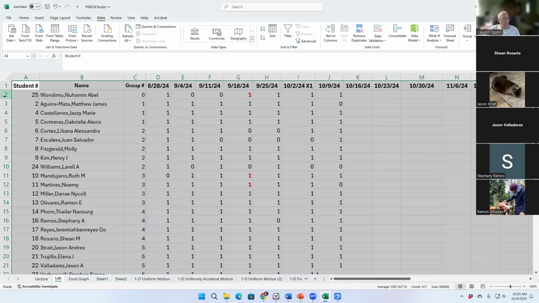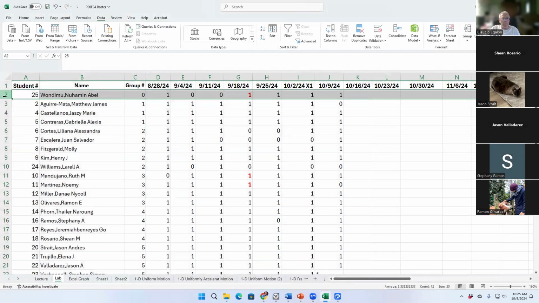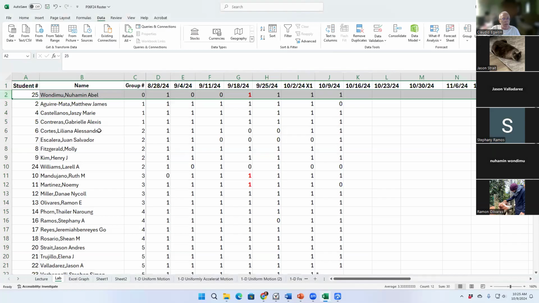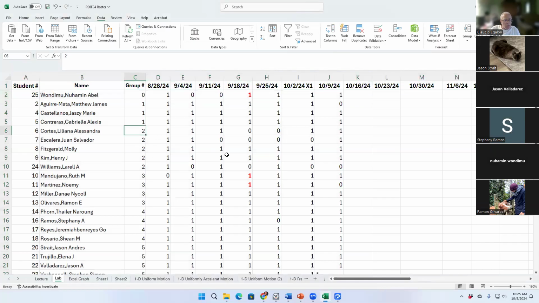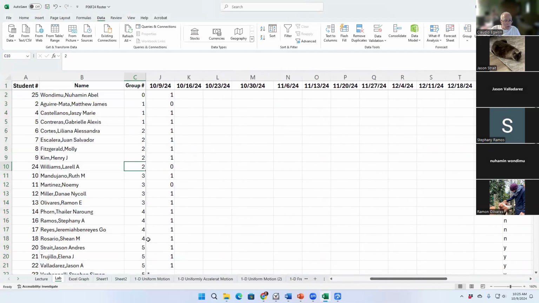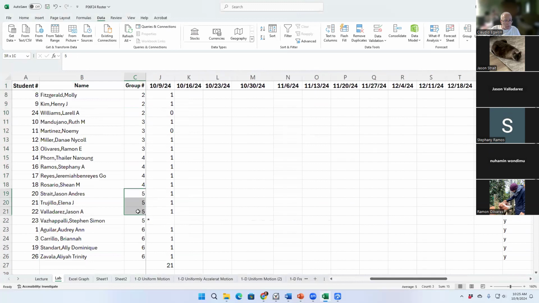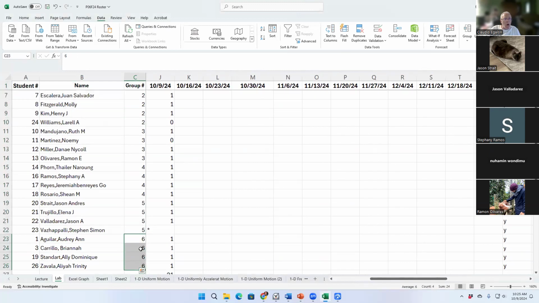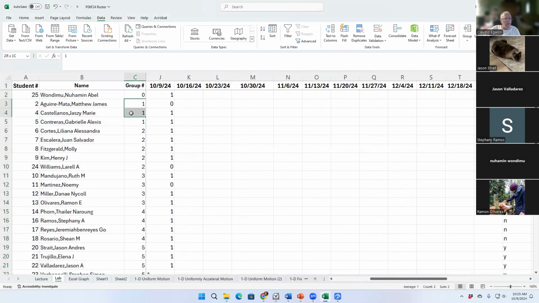Nuhamin, do you have a group? No, right? Let me see what we have here. 1, 2, 3, 4, 5 people in group 2. So let's see. We have 1, 2, 3, 4. Okay, group 1 has only 3 students. Why don't you join them? Okay, let's do that.